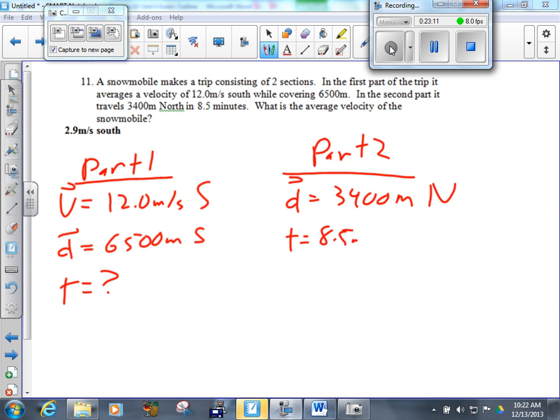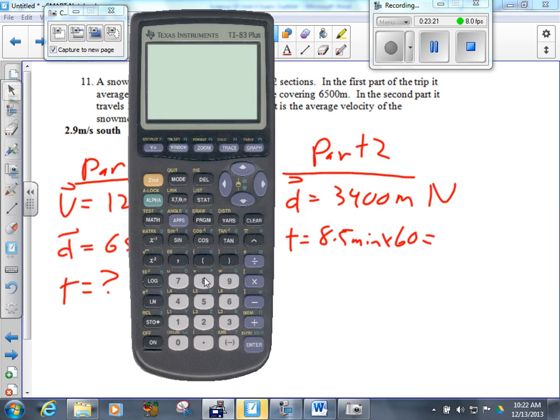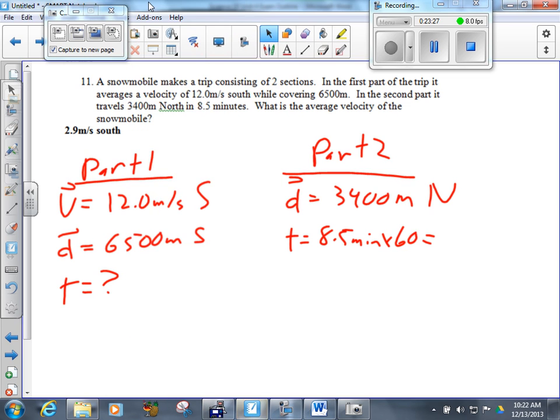We should probably convert that to seconds by multiplying by 60. So 8.5 times 60 is 510 seconds.